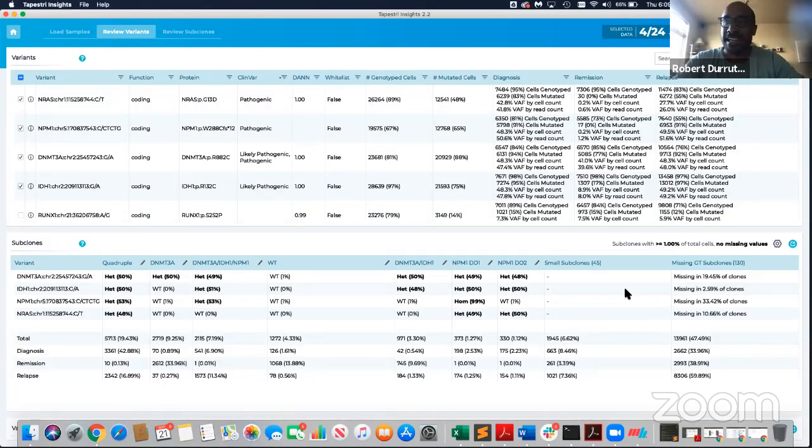Because Tapestri Insights is built in a way to discard everything that's incomplete, you may end up with not enough cells that are informative for your downstream analysis. So we have other approaches to recommend to continue the analysis outside of Tapestri Insights by exporting the data and working with other tools.